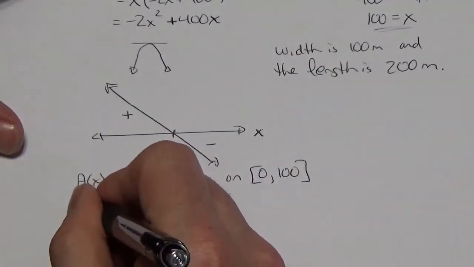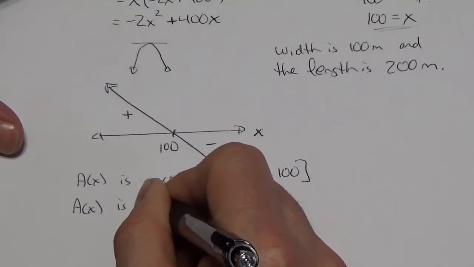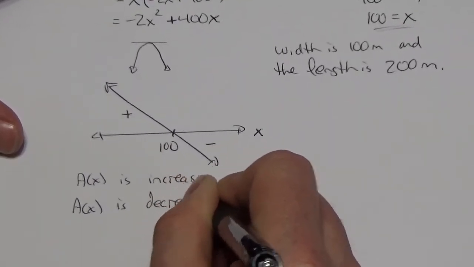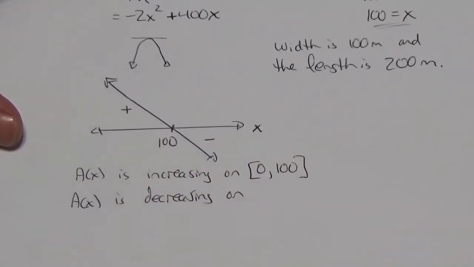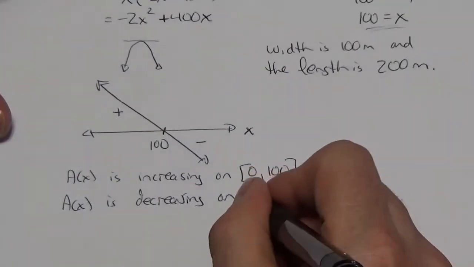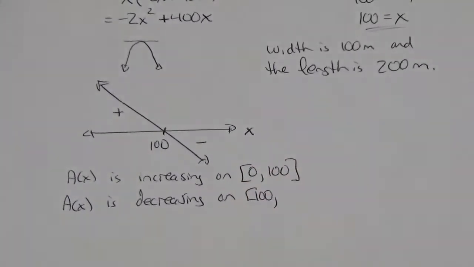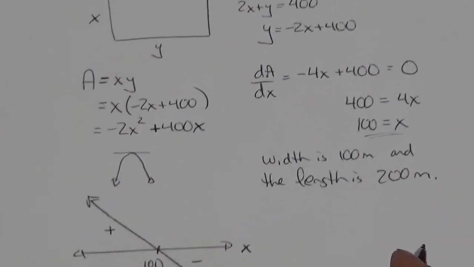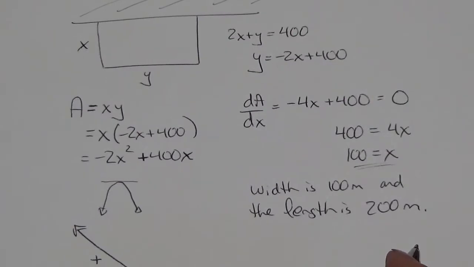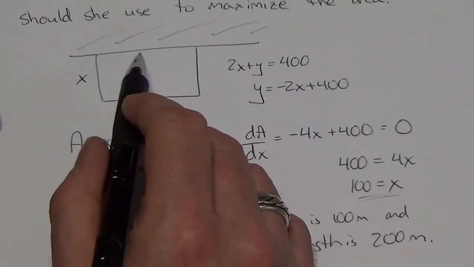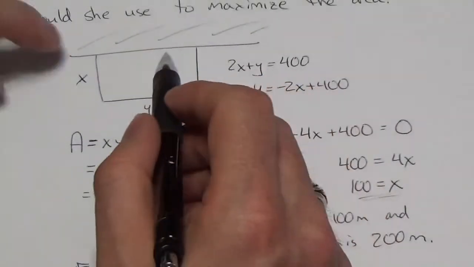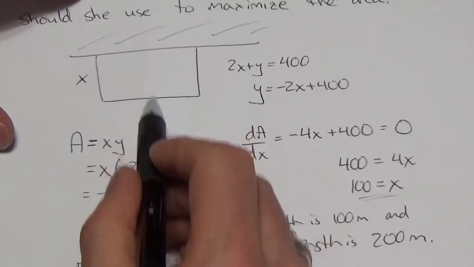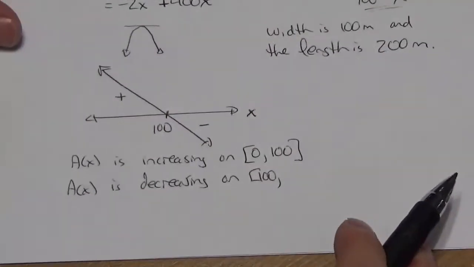And then a of x is decreasing on the interval. Now let's think about this. 100 out to what? Well, again, I really can't go out to infinity here. I mean, what's the maximum that could possibly be? Well, really what I could do here is I could be taking that rope and just running it straight out and right back out to shore there.